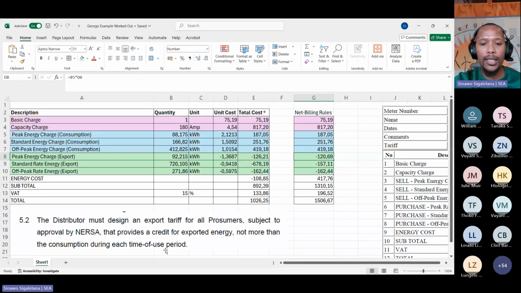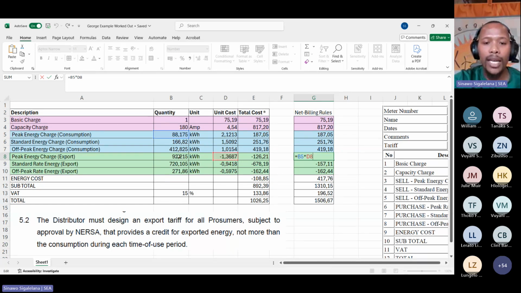So I interpreted it like this. If I must provide a credit, but not more than the consumption of my time of use period, it means I have a credit for my peak energy charges, for my export. I know I'm exporting 92.215. Ideally, I would want to multiply my credit with 92.215.